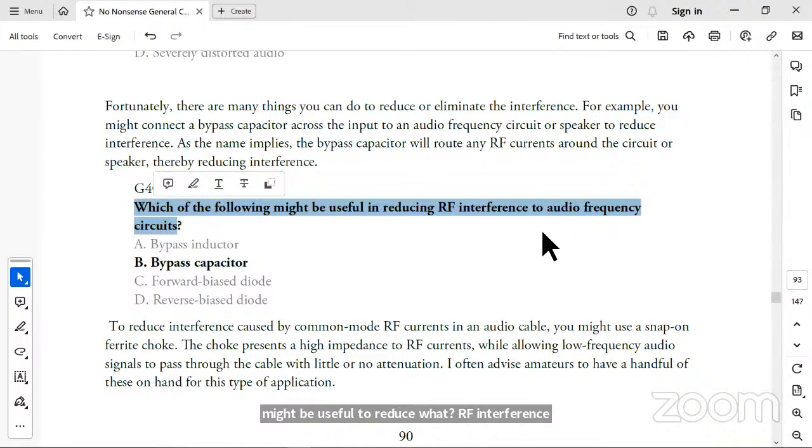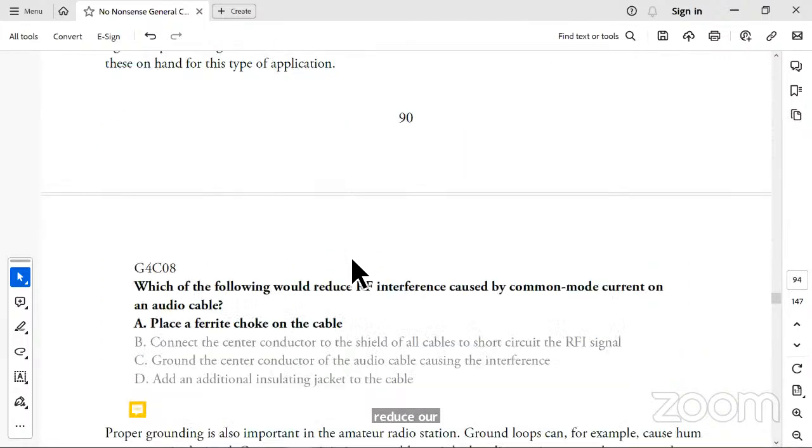But RF interference to what? To audio frequency circuits. So, you know, like headphones, stereo, a telephone. What might be useful? Well, we showed that a bypass capacitor could be used to reduce RF interference to audio devices.